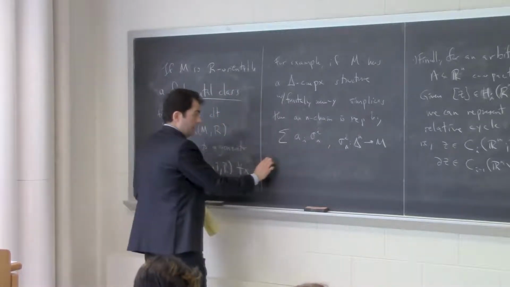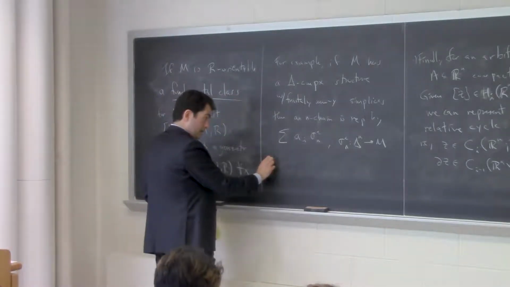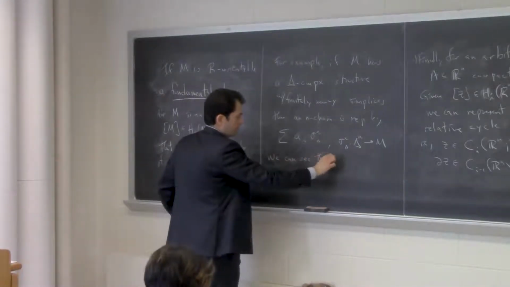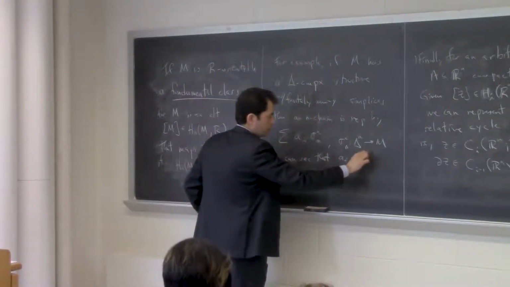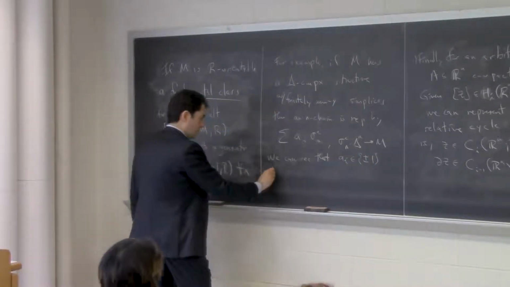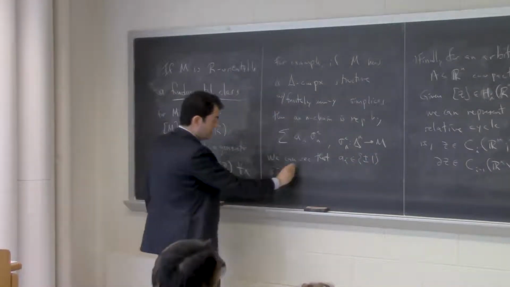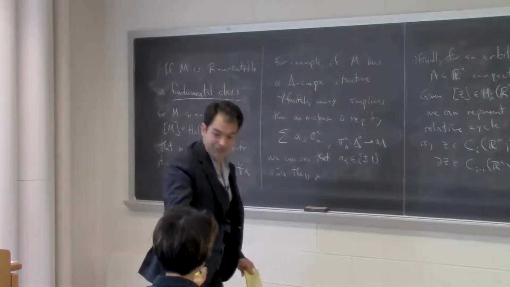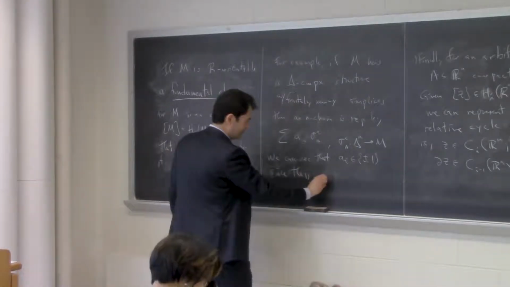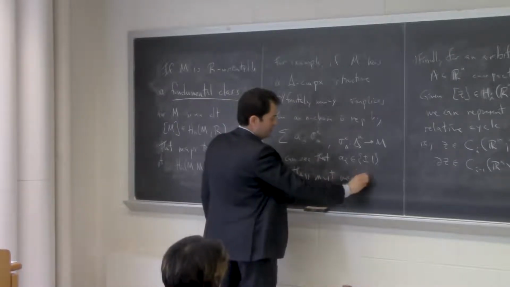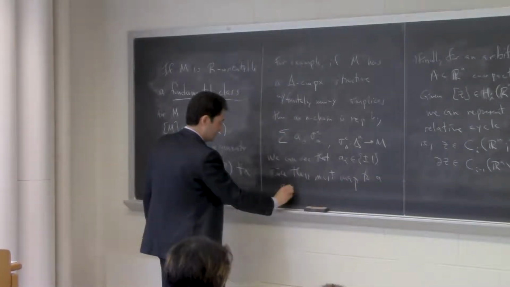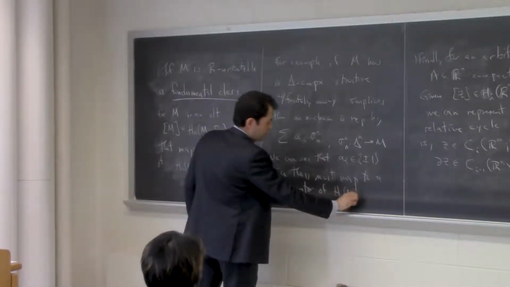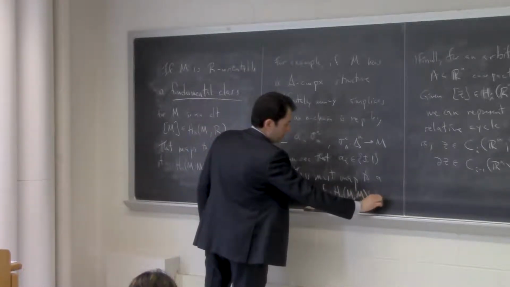So on the one hand, we can see that each a_i is going to be plus or minus 1, since this must map to a generator of H_n(M, M minus x).